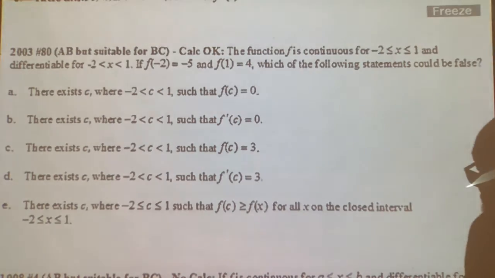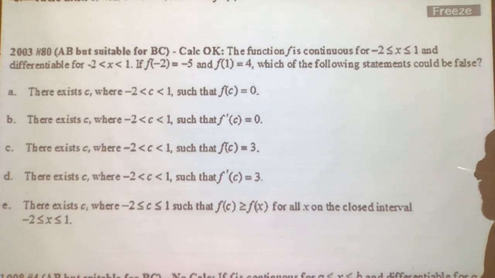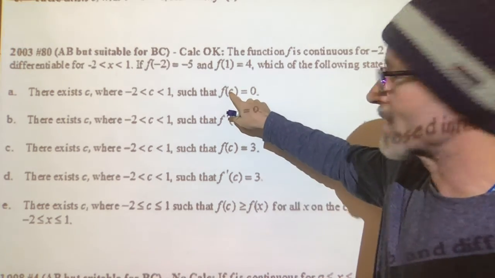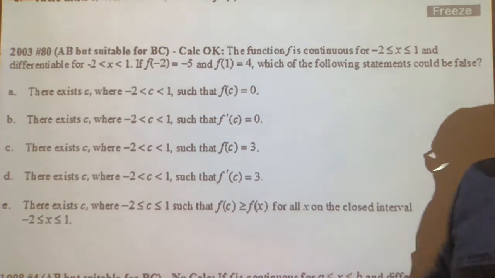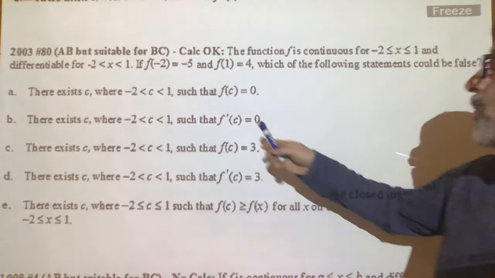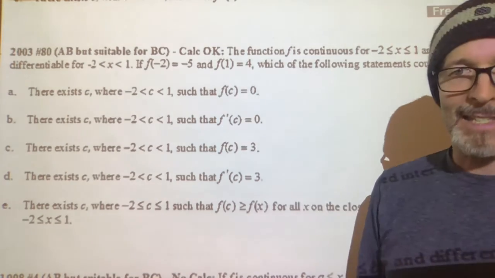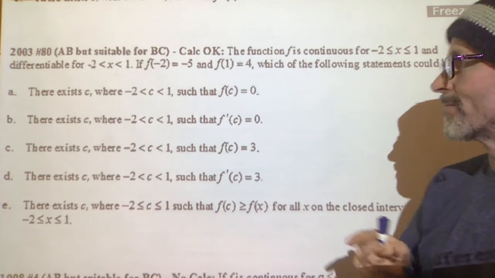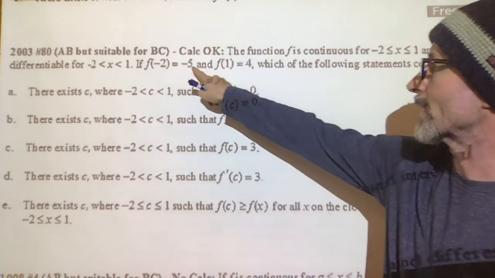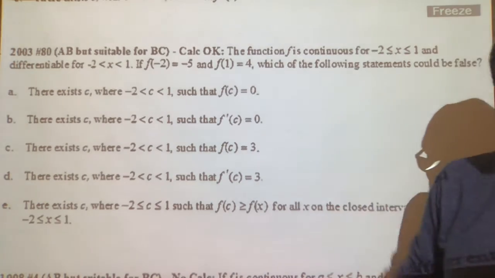That would be a slope of 3. We don't necessarily, that's not even the derivative there. That's the actual point. And we do actually know that there is a point at 0. That's the intermediate value theorem, the IVT. If it's continuous and differentiable, you got a negative point and a positive point. It must cross everything in between.